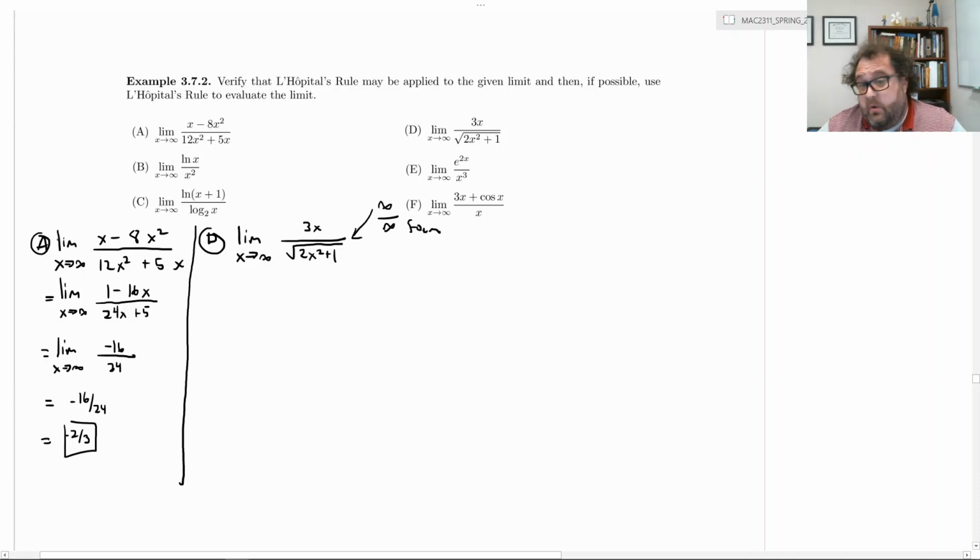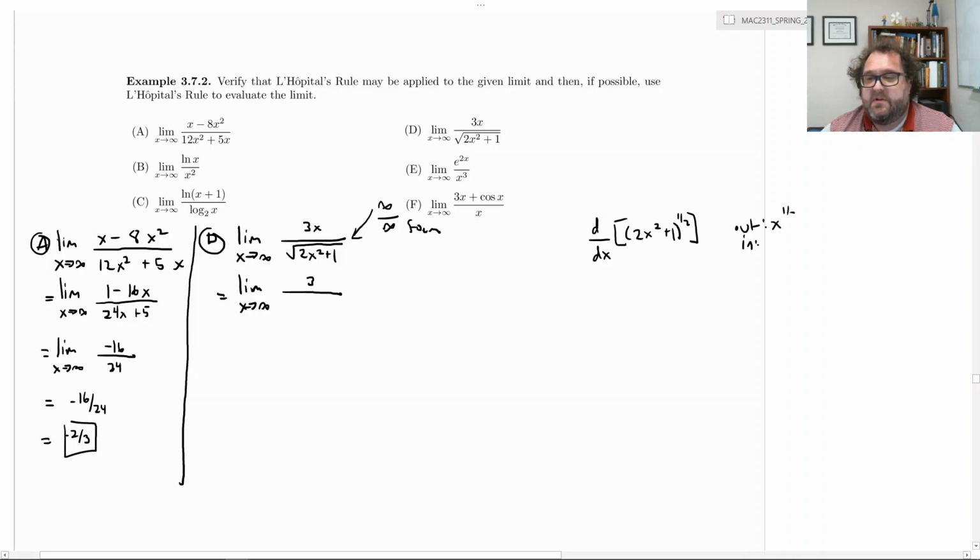Okay, so we can apply L'Hopital's rule, which says differentiate the numerator and denominator individually. So the derivative of the numerator, of course, is just 3. Now the denominator, that's a composite function, so let's do that off to the side. First of all, we rewrite the square root as 2x squared plus 1 to the 1/2 power. Now, of course, composite, so we have an outside and inside function.